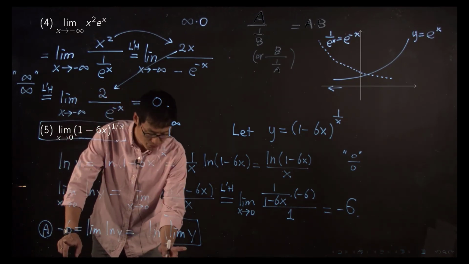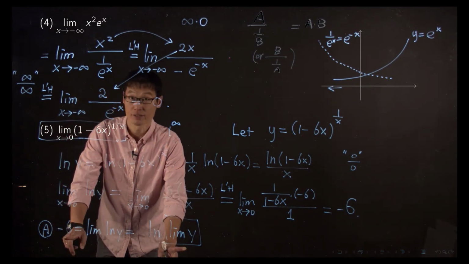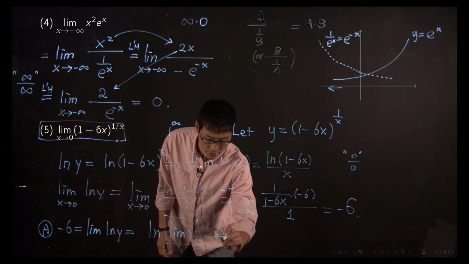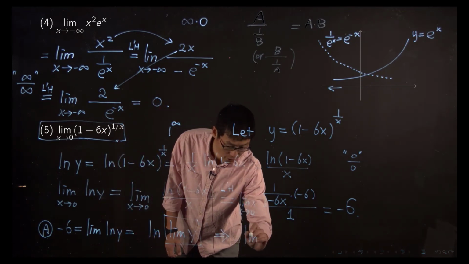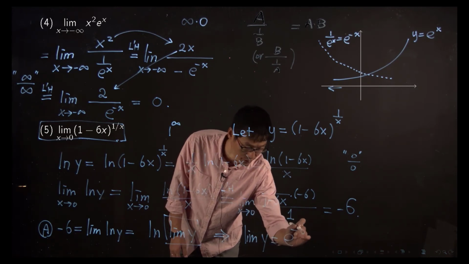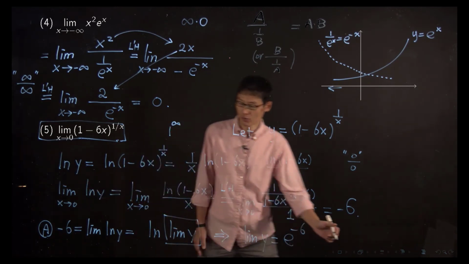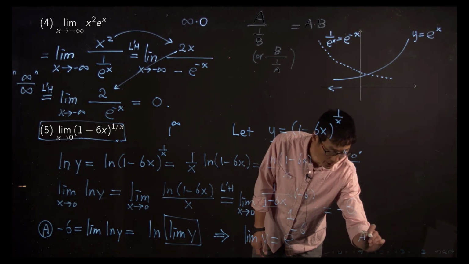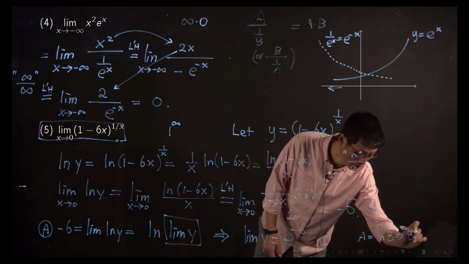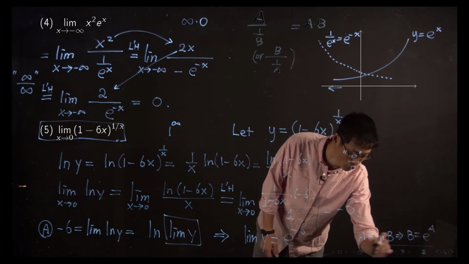So ln of something is negative 6. So you can use the property of ln to see this limit of y is e to the negative 6. Basically what we are using is, if A is ln of B, then B is e to the A.